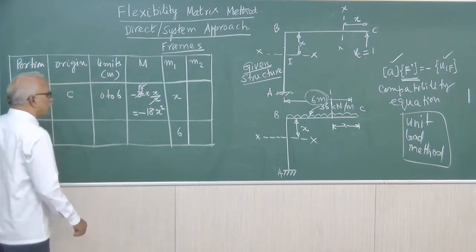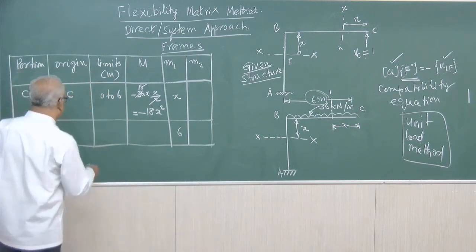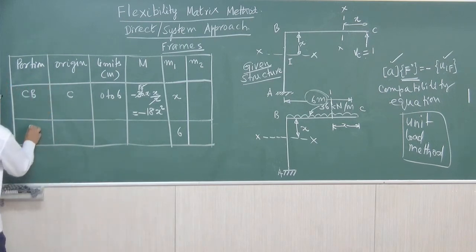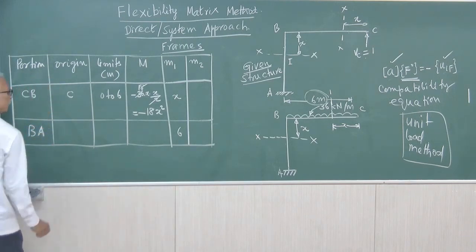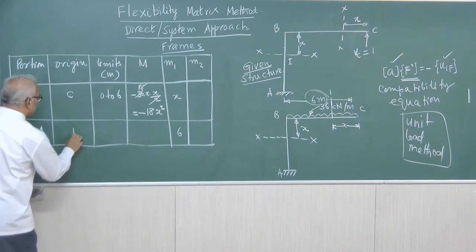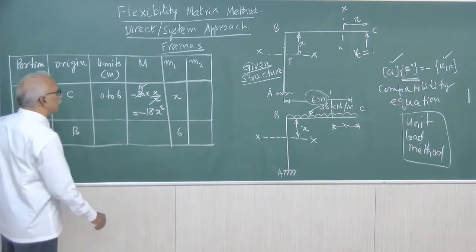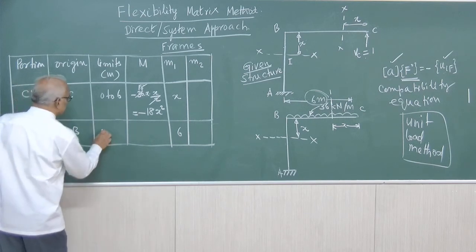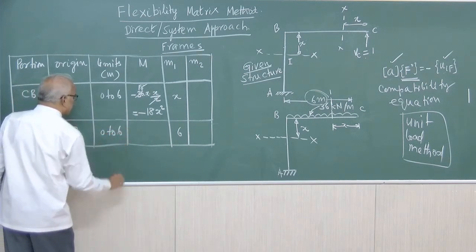Now the second portion is BA, for which B is the origin. We are measuring x from the point B. Again BA is 6 meters, 0 to 6 meters.